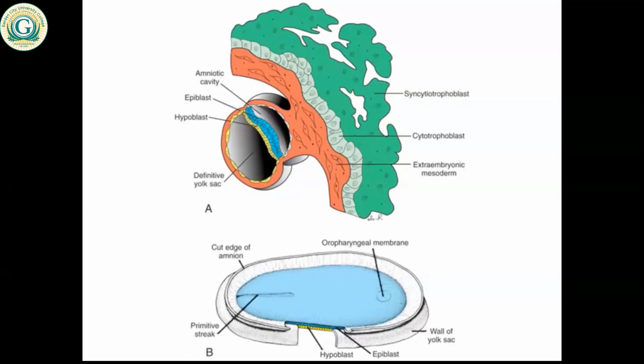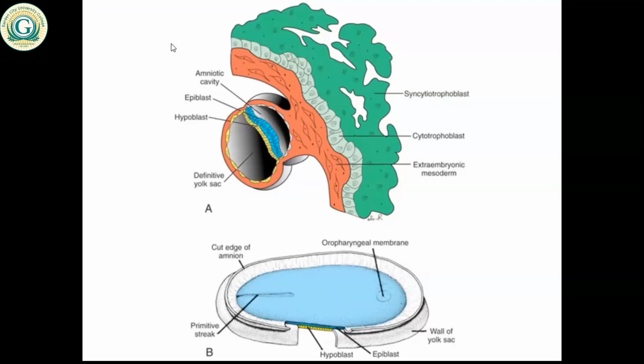Again, it gives us symmetry, left and right. When it divides into 2, it will show us the right part and the left part. So there are 2 things the primitive streak will teach us: the lower and cranial parts of the embryo, and also the left and right parts of the embryo.